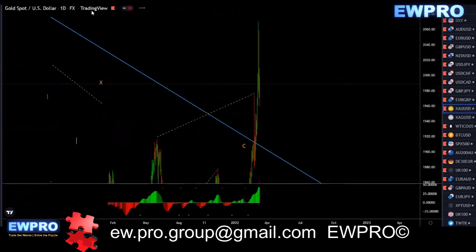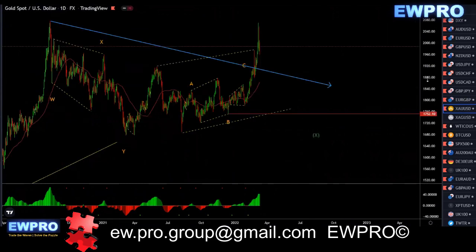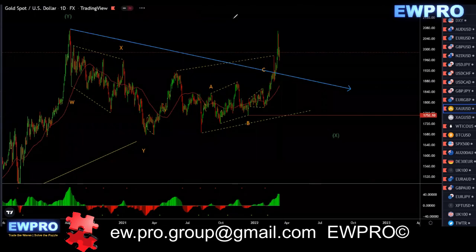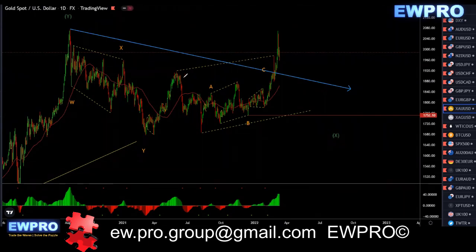Looking at gold on the daily, this is extremely complex as well. We had that bear hidden here, but we never broke the low, and we got 3 down.